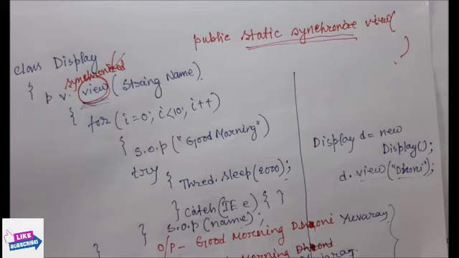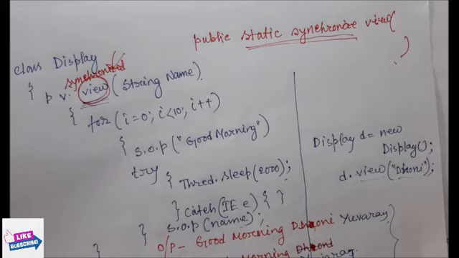Every class has only one class lock and every object has only one object lock. So how many locks are there in Java? Two: one per class, and one per object.